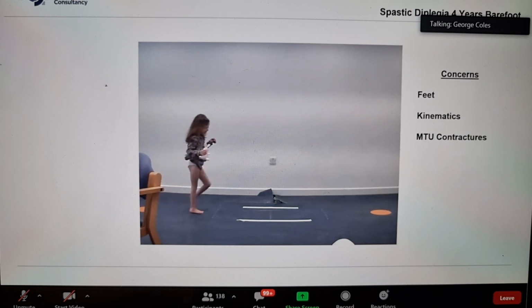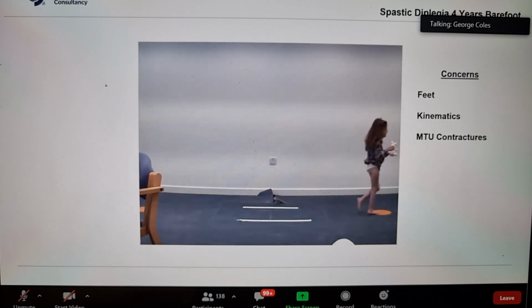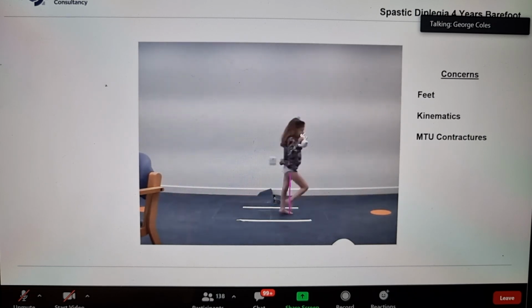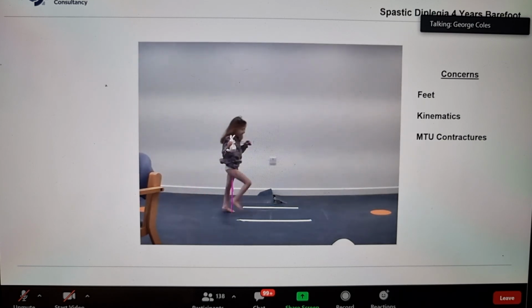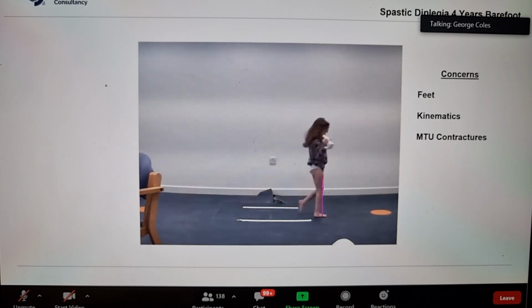So by this point, she'd had no input other than some bits of physio. This is, I think, the first time we'd ever seen her.